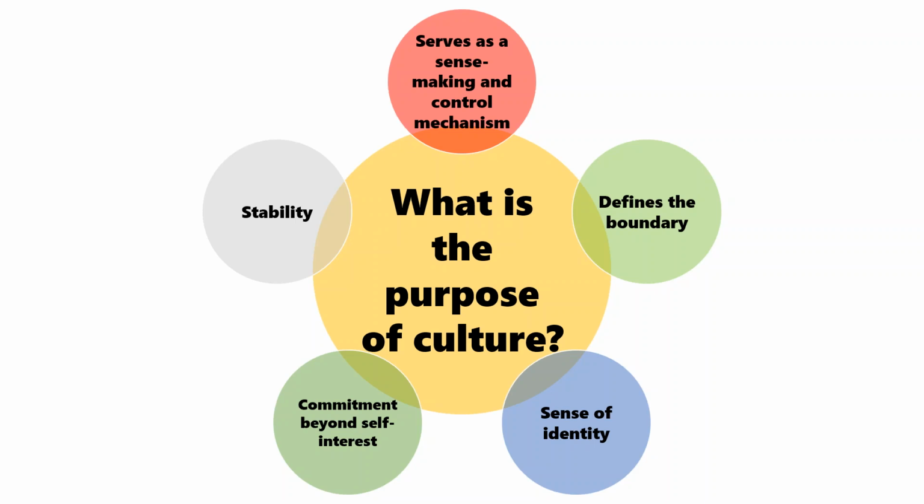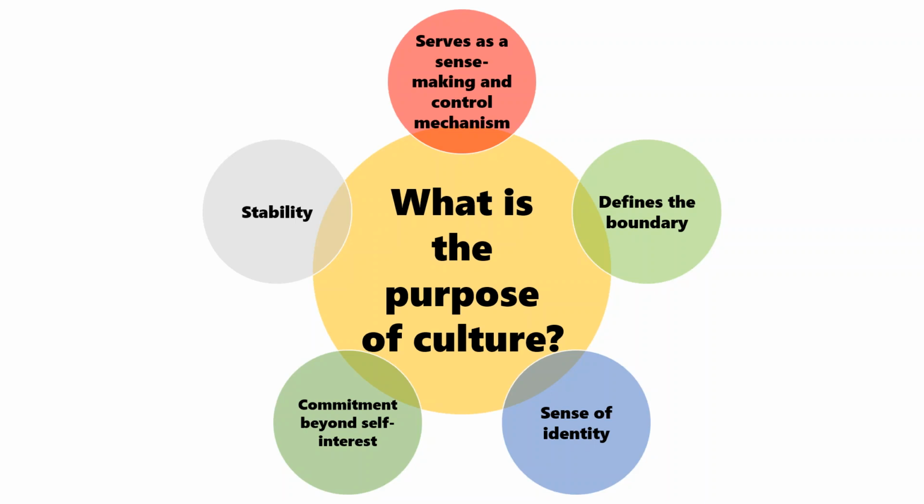And finally, what a culture does is it gives us a sense of stability. And the stability means that we know exactly where we stand in relation to the team. When we come to work, there's a predictable way of going about the way we do things. There's a predictable way for us to engage with each other. There's a predictable way of us addressing each other.